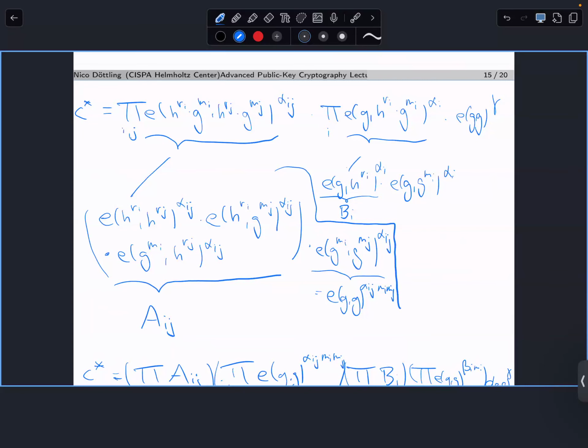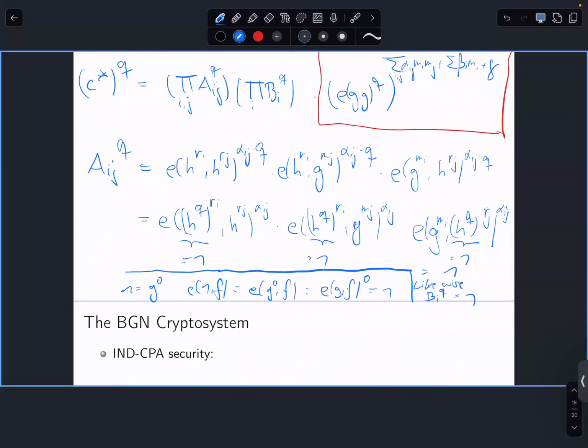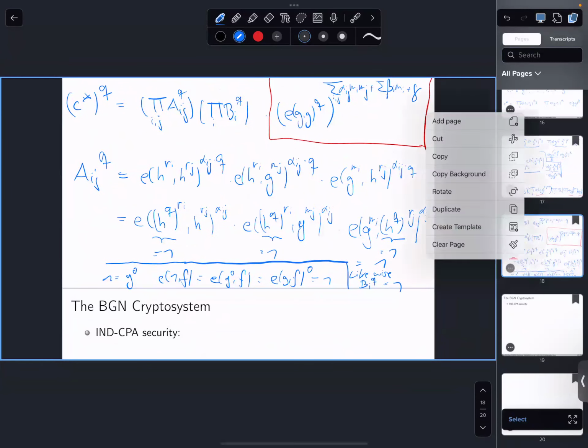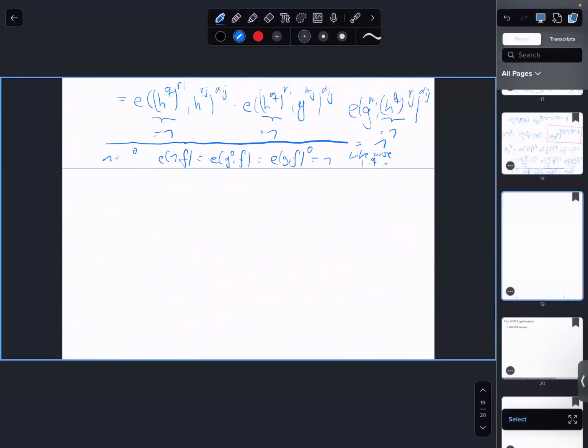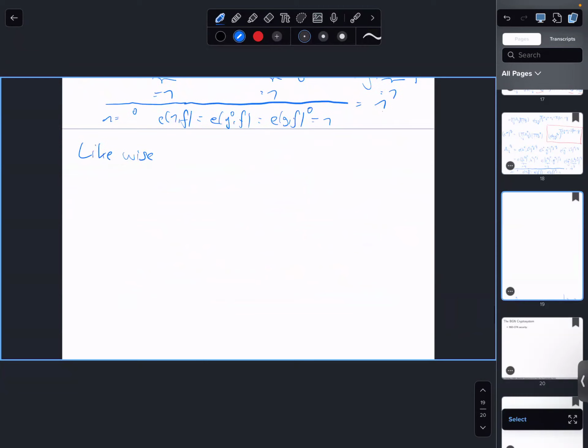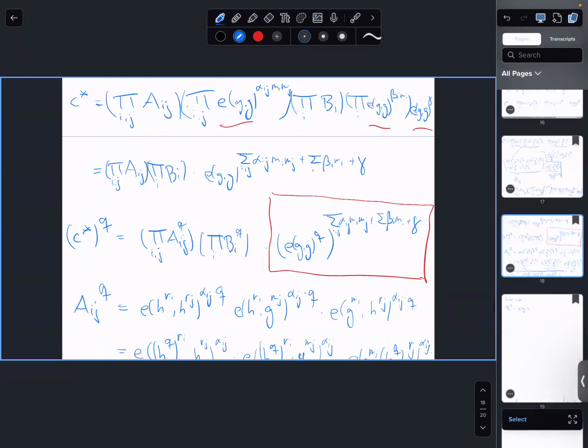Okay, so you know what? Let's add an extra slide here. I don't want to rush this. Likewise, B_i to the Q is E of G comma H to the R, H to the Q to the R_i, to the beta_i.